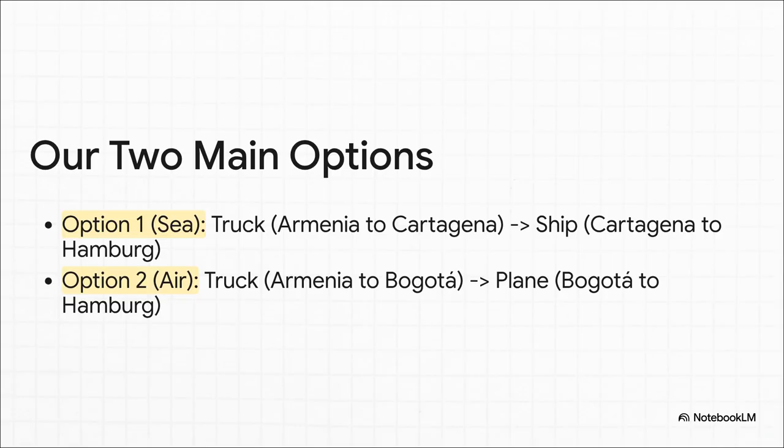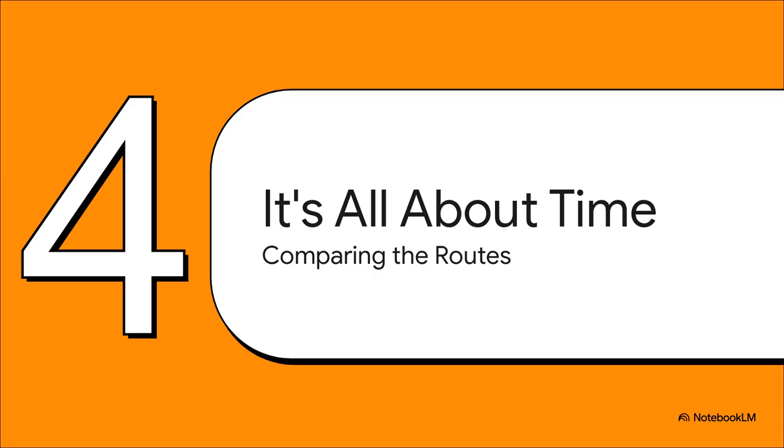We truck the coffee from Armenia up to the port of Cartagena and then put it on a ship to Hamburg. Option two is the air route. We truck it over to the big international airport in Bogota and fly it to Hamburg. See? Truck to ship or truck to plane? That is the fundamental choice we have to make. So how do we choose?